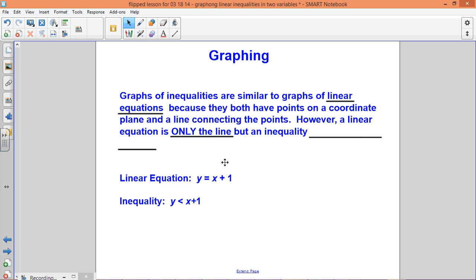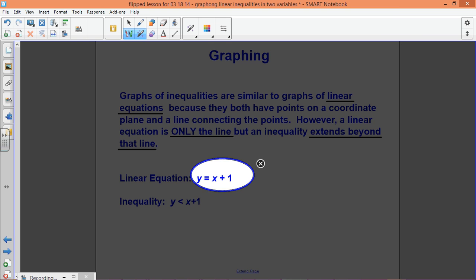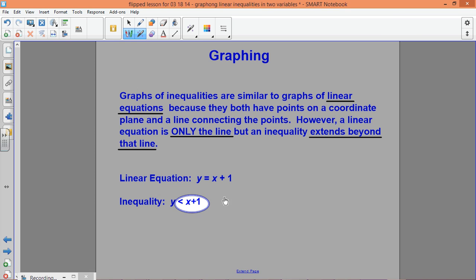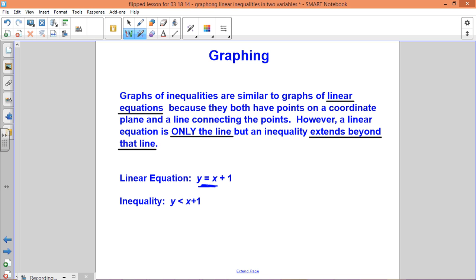But an inequality extends beyond that line in one direction or the other. And here you can see a linear equation and contrast that with a linear inequality. Notice the only real difference is my sign in between, an equal sign as opposed to an inequality sign.